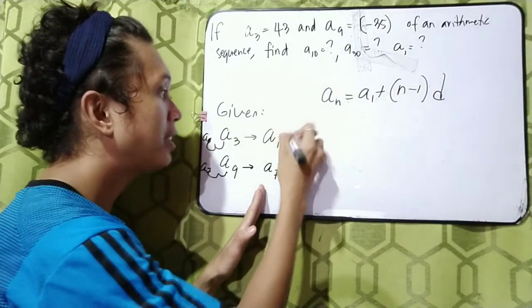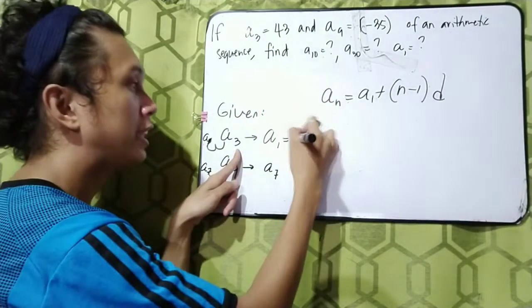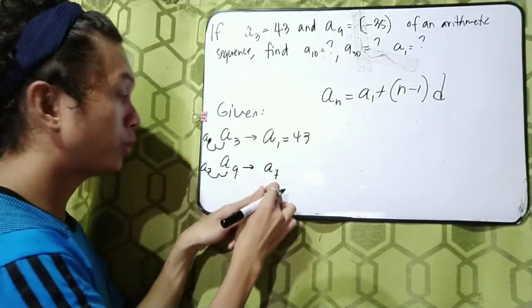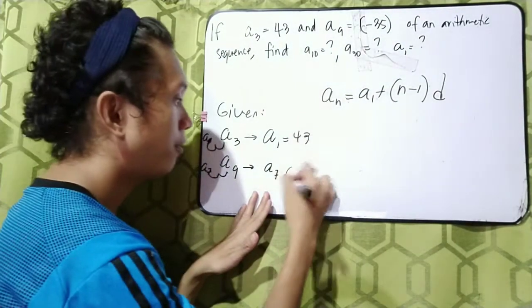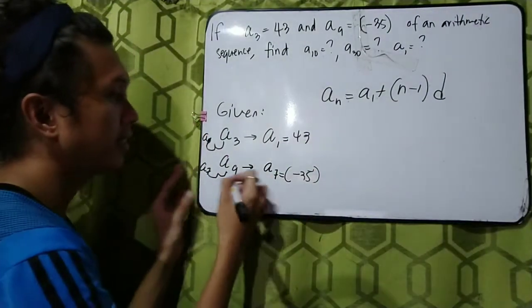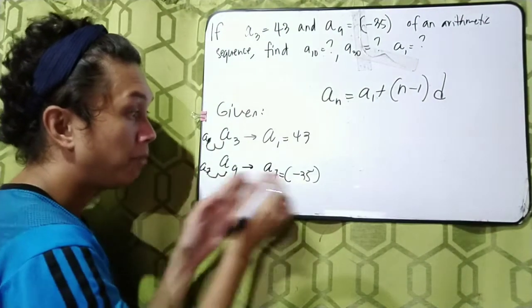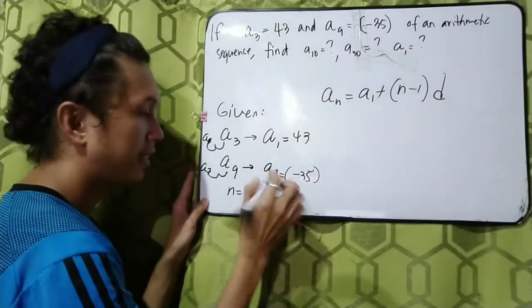Our a sub 1 now, which is originally a sub 3, is equal to 43, and our a sub 7, which is originally a sub 9, is negative 35. Since our a sub 9 becomes a sub 7 and the last term, our n will be 7.